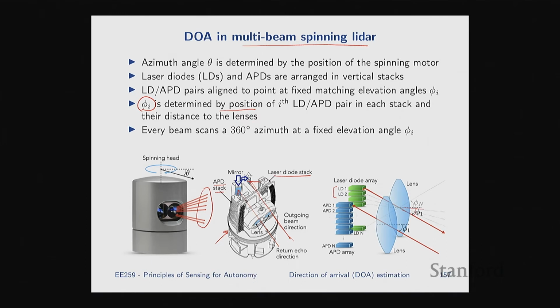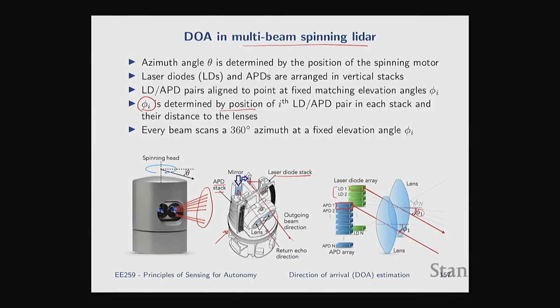There's very precise alignment between the photodiodes and the lasers, so that there's correspondence. The first laser points in some elevation angle phi 1, and the first photodiode is also looking at the same elevation angle. So the echo from the beam transmitted by the first laser is received by the first photodiode, such that there's no cross coupling between the multiple laser beams and their corresponding returns.